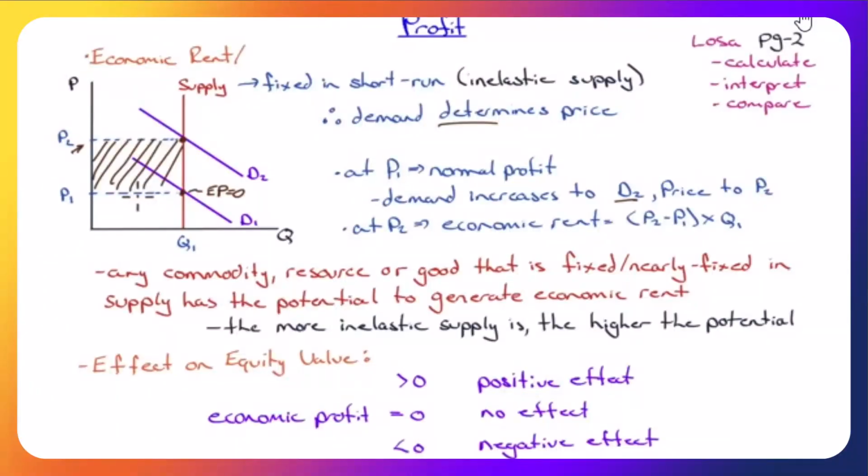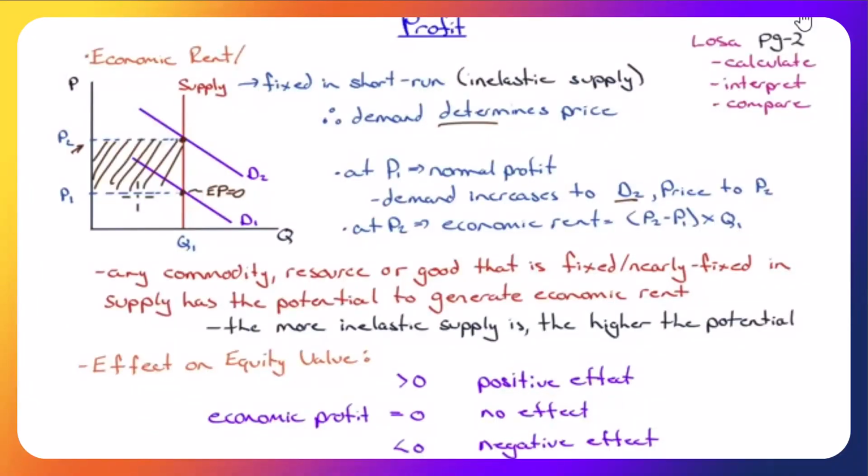This is simply demand increased for a product whose supply is very limited, the price went up, and all the firms in the industry benefit from this. So we refer to that as economic rent, that the firms are able to extract economic rent. It's more of a windfall than something that the firm worked for.